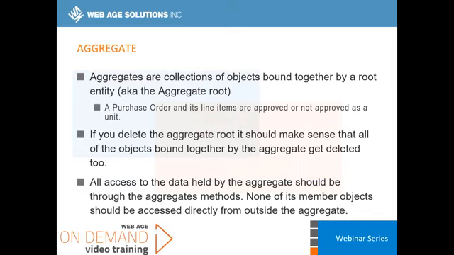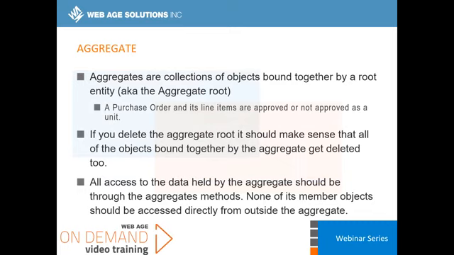When I access the data that's being held by the aggregate, no matter how it's being held, it should be through the aggregate method. So the aggregate provides part of the interface between a bounded context and the outside world.